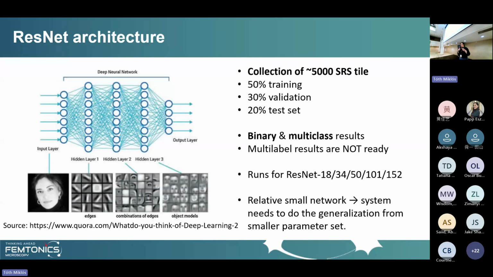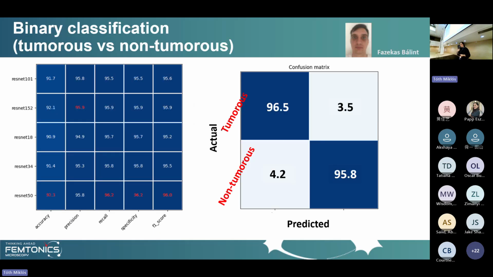Then these features are passed to a fully connected classification subnetwork, which outputs the class probabilities. The first task was binary classification. This means that the network had to decide whether a tile is tumorous or non-tumorous. Well, this is the most clinically relevant first question.